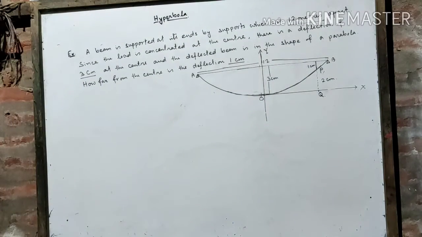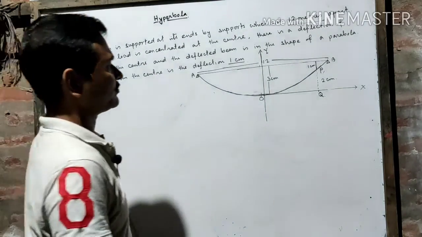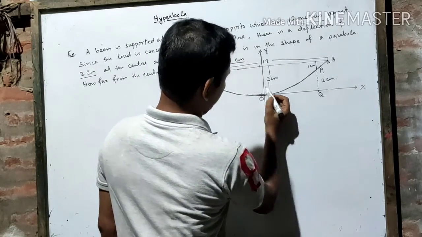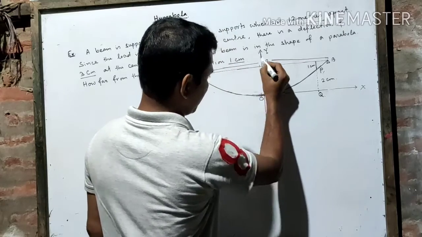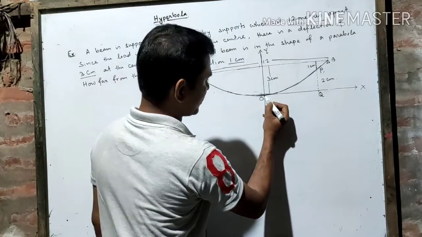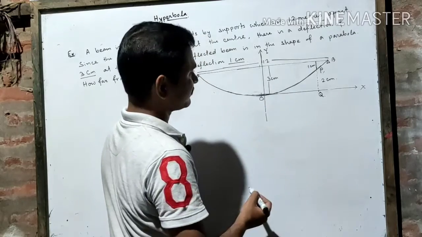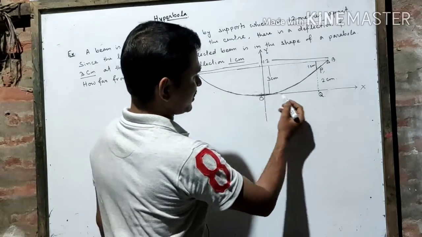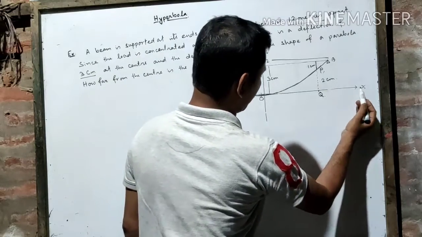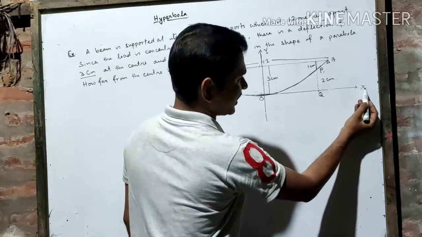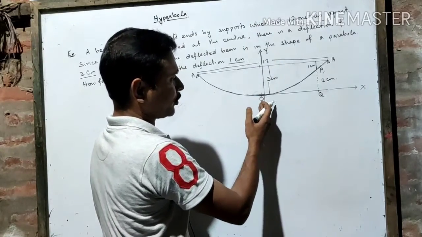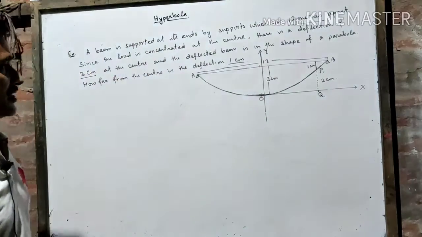Now let us choose the coordinate axes. This point O, where the deflection is maximum, 3 centimeter at the center, is chosen as the origin. The tangent to the parabolic beam at O is chosen as the x-axis, and a vertical line passing through O is chosen as the y-axis.